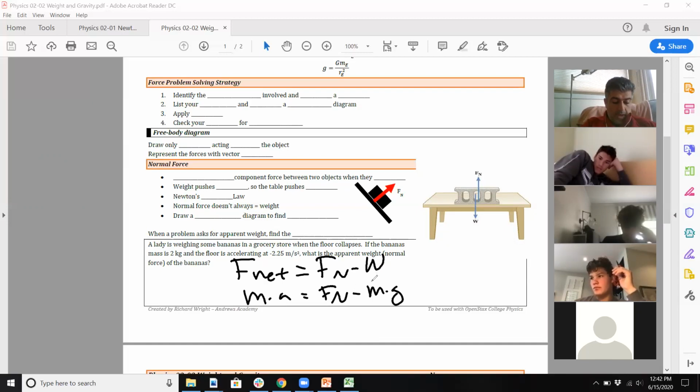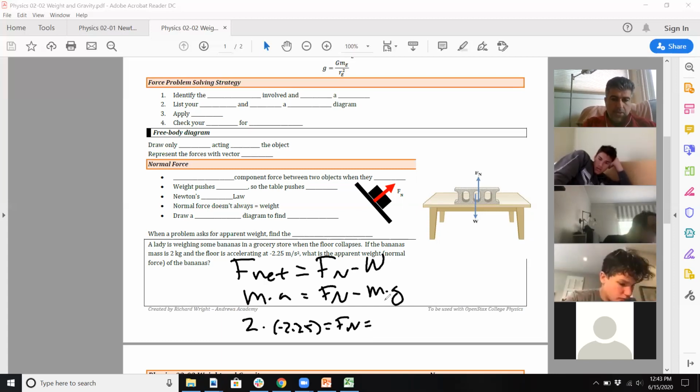So we know the mass of all the bananas is 2. The acceleration is negative 2.25. Again, the mass here is 2. And the weight due to gravity is negative 9.8.